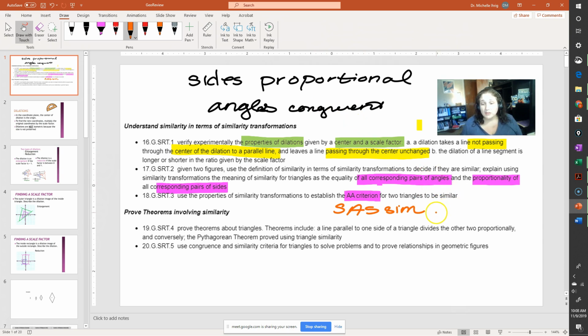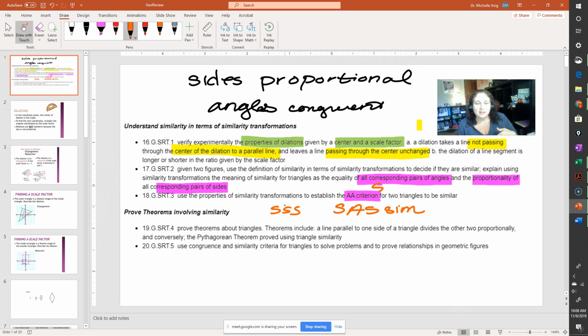And then also we have side-side-side: if all three sides are proportional, then we know they also have to be similar, since they have the same scale factor.